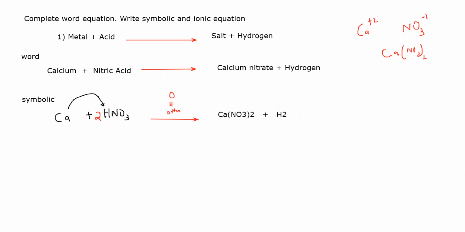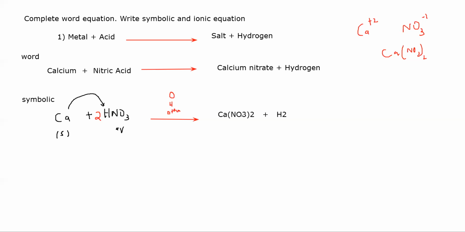But for writing an ionic equation, you should know the state symbols. What will be the state for calcium? Solid. What is the state of nitric acid? Aqueous. What is the state of calcium nitrate?